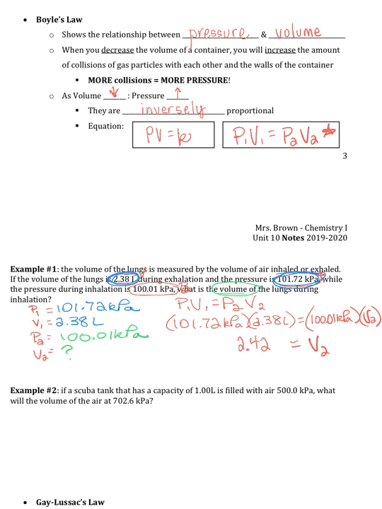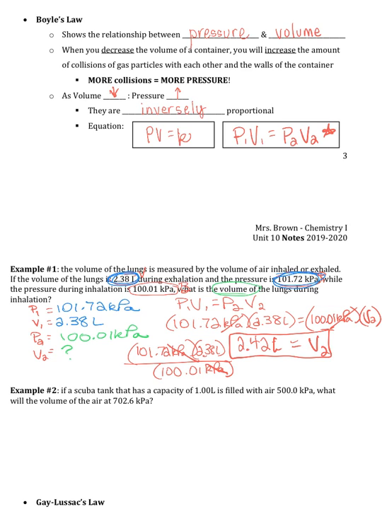My kPa would cancel. Now, if you like to go ahead and show the work, that would be 101.72 kPa times 2.38 liters, divided by 100.01 kPa, so that your kPa would cancel, and that would be 2.42 liters.